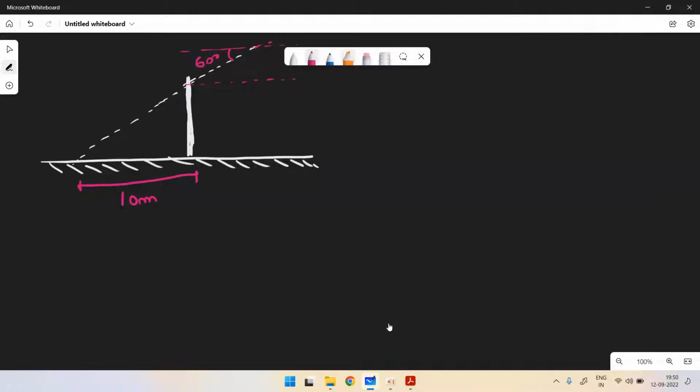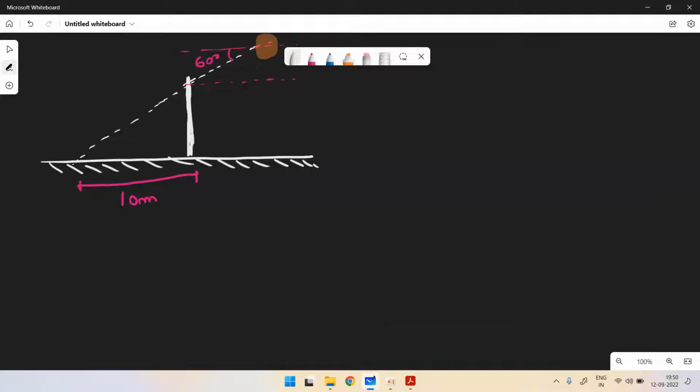There is a sun here, and the length of the shadow of this pole, which is due to the sun, is 10 meters.